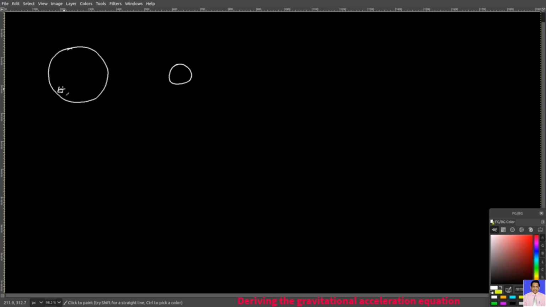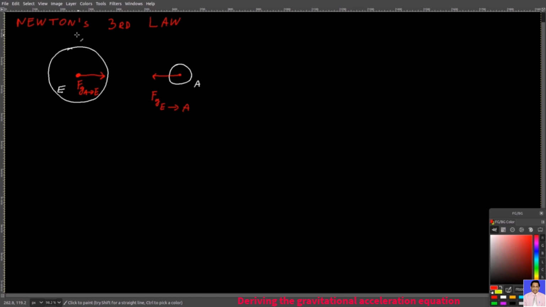So this is the Earth, and this is object A, and the question was, does the Earth exert a stronger gravity force on object A, or vice versa? Does object A exert a stronger gravity force on the Earth? That was the third question.